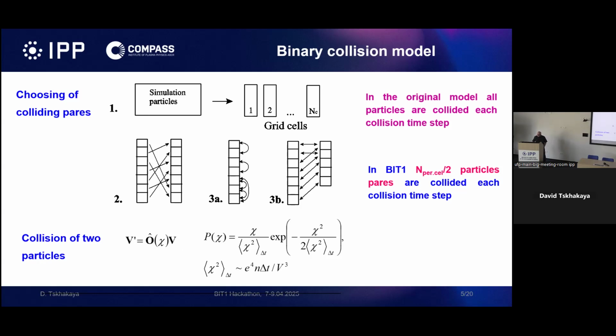The difference in BIT1 is, I call it more advanced, at least for me, and we had some discussion with Takizuka-san. In my case, you do not sort the particles; I assume it's too time consuming. I just randomly choose particles. You know how many particles have to collide, and you choose that many pairs.